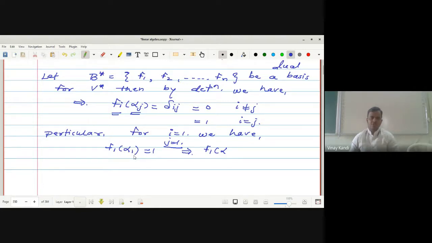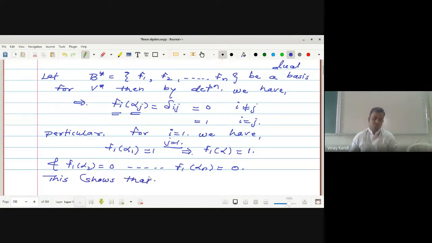But alpha 1 is alpha, so f1 of alpha is equal to 1, and f1 of alpha 2 is 0, up to f1 of alpha n is equal to 0. Okay, so this shows that there exists at least one linear functional f.